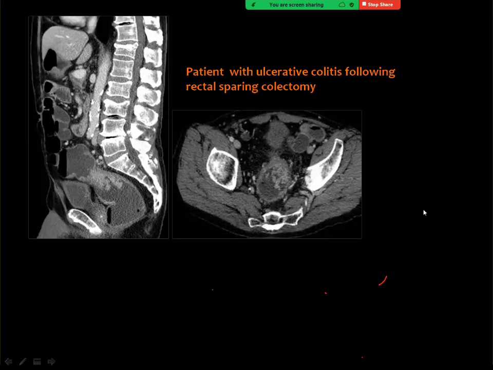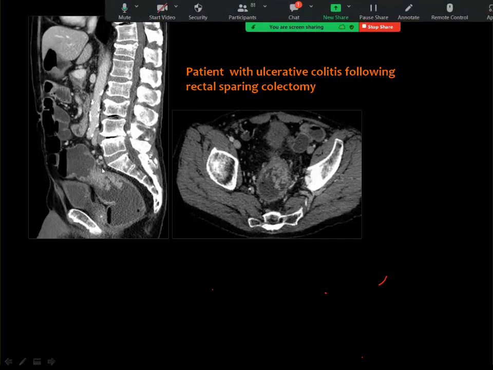Then, if you look carefully here, you see a mass inside the rectum, this is the rectum anastomosis to the small bowel. And at that time, you will diagnose this as malignant, because you know that one of the complications of ulcerative colitis is to develop malignancy on top.